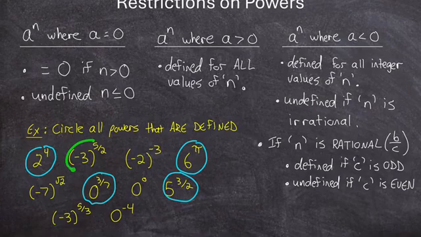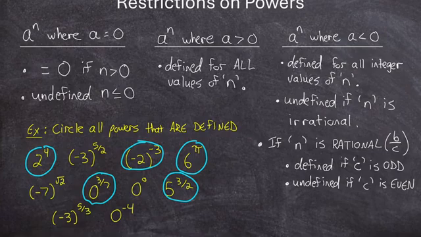And now let's look at the 4 powers where the bases are negative. Well, if the base is negative and the exponent is an integer, it'll be defined, which means -2 to the power of -3 is defined. But if the exponent is irrational, it'll be undefined, which means -7 to the power of root 2. Root 2 is an irrational number, so this power will be undefined.